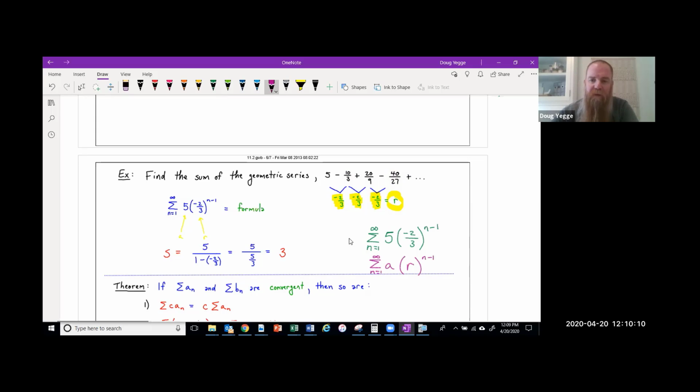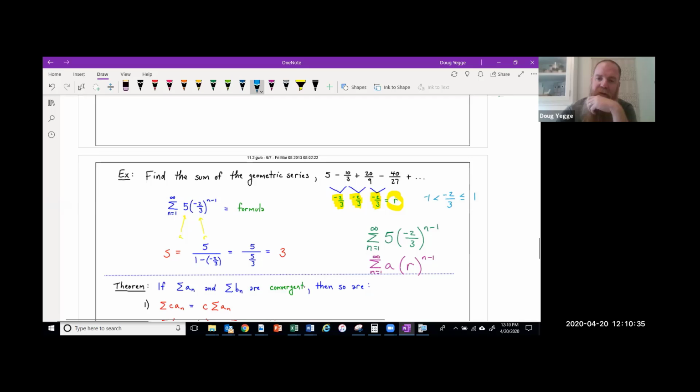Well, does this converge or does it diverge then? How do we know if this converges or diverges? If R is between -1 and 1. Yeah, notice that -2/3 is in fact between -1 and 1. So I know that it converges.